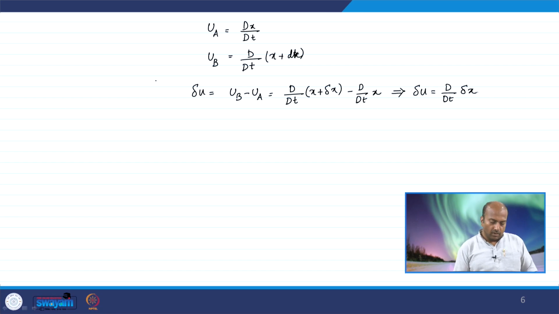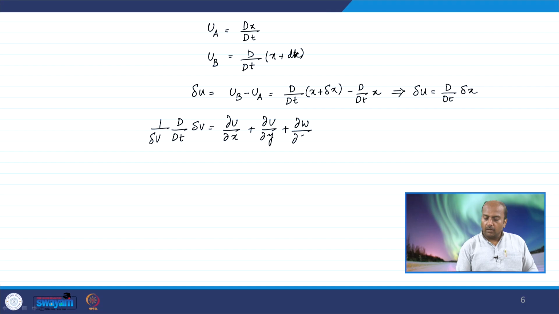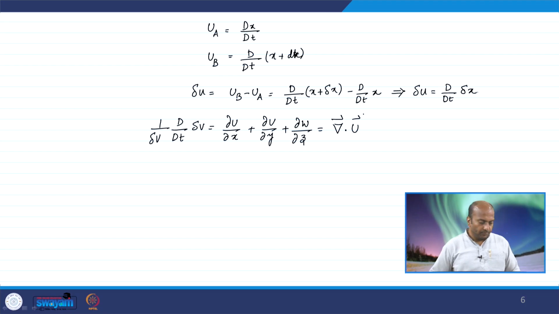Substituting this into the earlier equation, we can write 1 by delta v D by Dt of delta v becomes dou u by dou x plus dou v by dou y plus dou w by dou z, which is equal to the divergence of velocity.